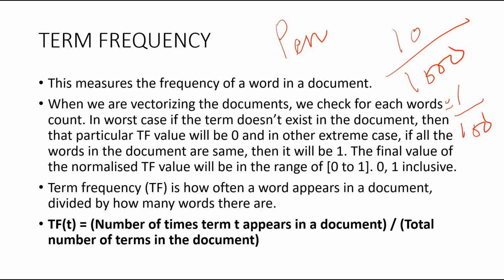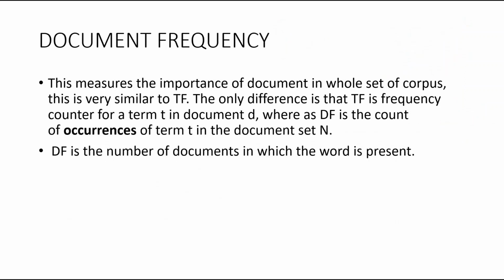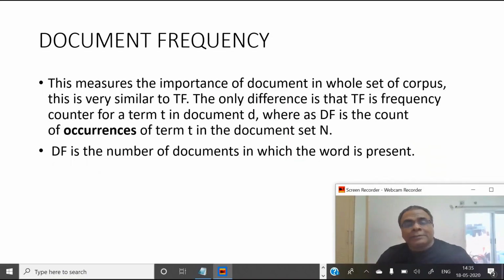This is term frequency. Now I will discuss document frequency. This is rarely used, and I will explain what it is as well. This measures the importance of a document in the whole corpus. This is very similar to term frequency.